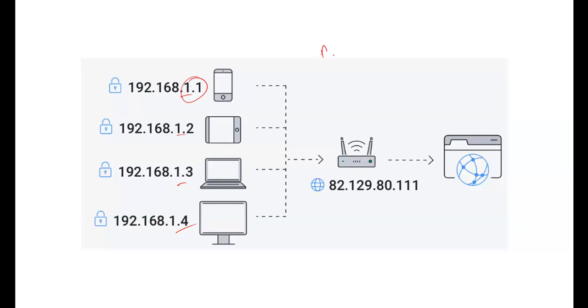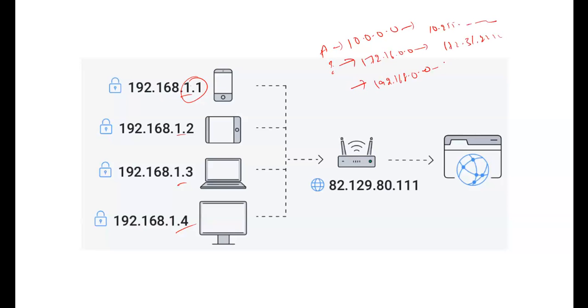From A, B, C, what do we have? From class A we have 10.0.0.0 to 10.255.255.255. From class B we have 172.16.0.0 to 172.31.255.255. From class C, what do we have?